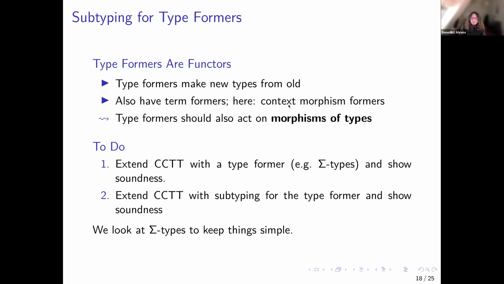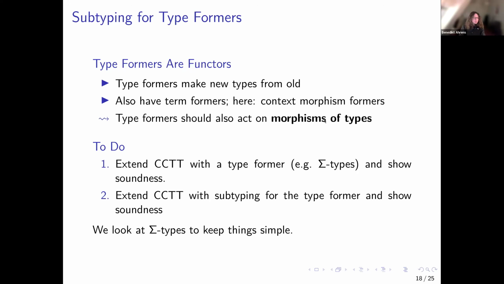So typeformers usually produce terms also, or they come with term formers. So here we also build some context morphisms. But also, since we have non-trivial morphisms of types, the typeformers should also act on morphisms of types.